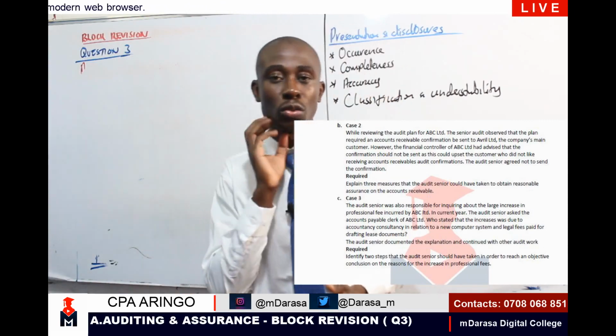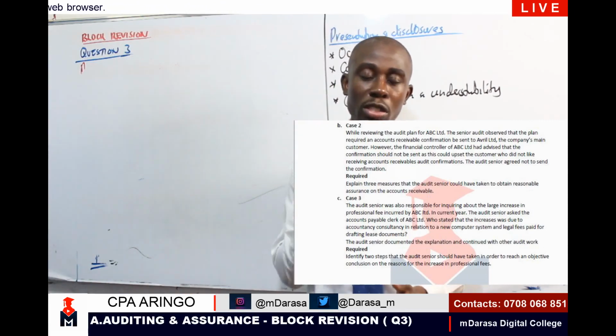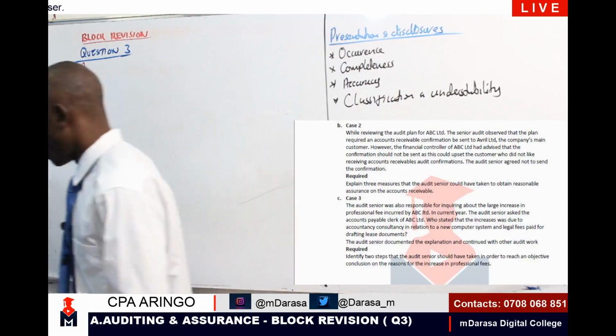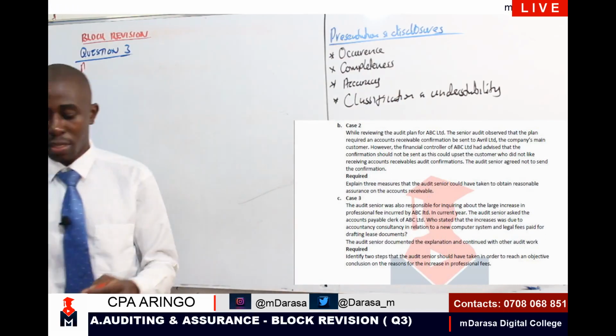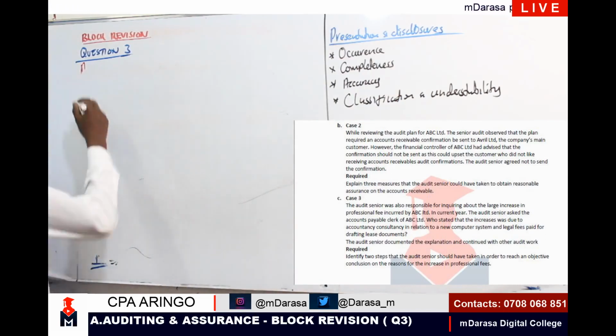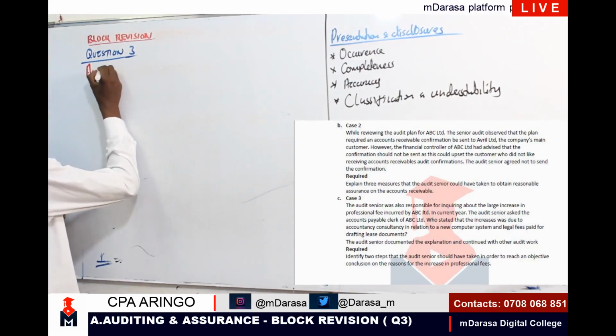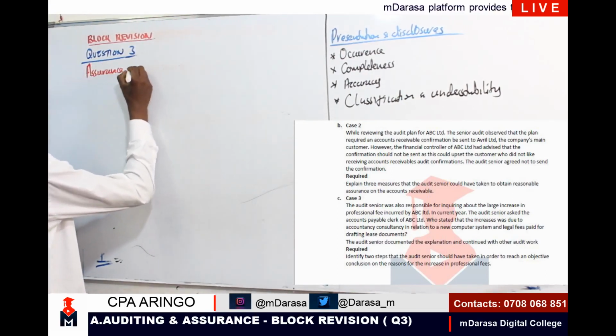So the first thing I'm going to do is ask myself a lot of questions, because our main task, if you can recall, when we talked of assurance engagement, let me remind you what we mentioned.